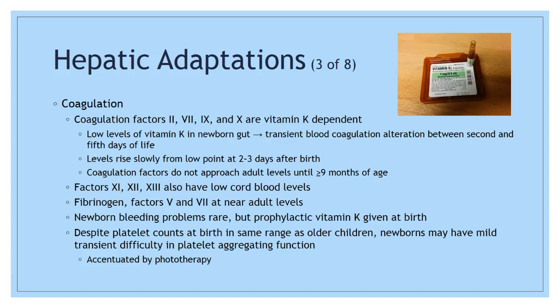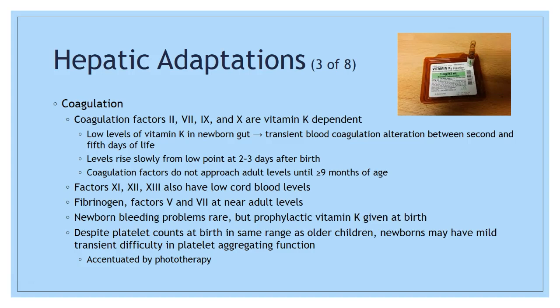From a coagulation standpoint, babies are vitamin K dependent. They need vitamin K in order to be able to clot. Our body has a lot of different ways that we coagulate, but most of those have to do with different types of clotting factors.